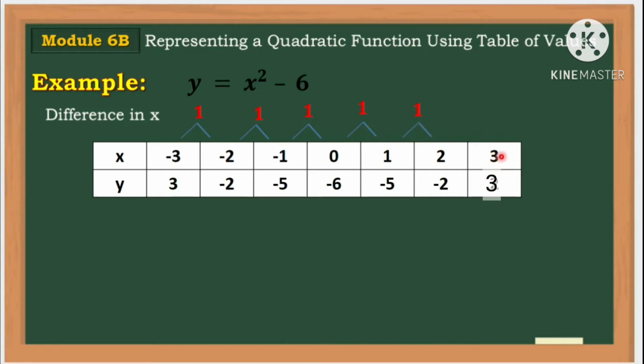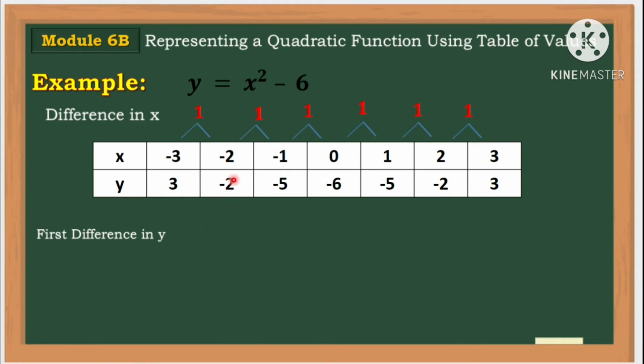So 3 minus 2, the answer is 1. So look, sa difference in x dito sa taas, lahat yan ay 1. So pare-parehas. Let's proceed to first difference in y.